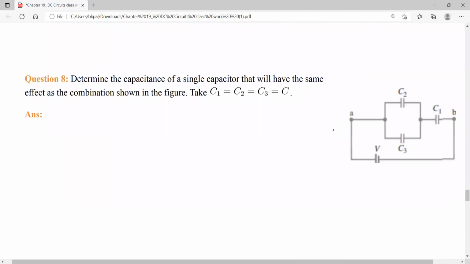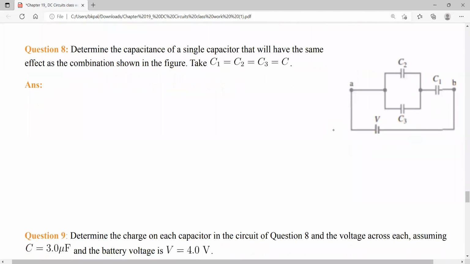All right, the next question is about capacitors. Here we are given a capacitor circuit that is connected with a voltage, and it is a combination of series and parallel capacitance. We have to determine the equivalent capacitance.